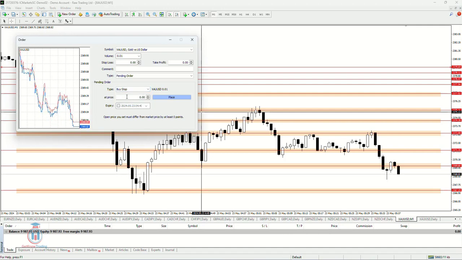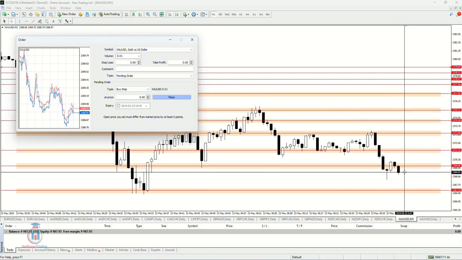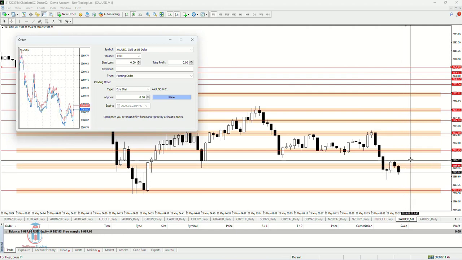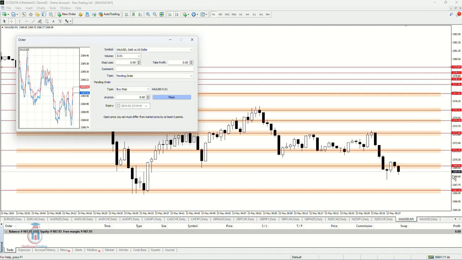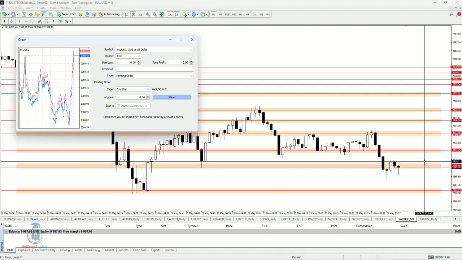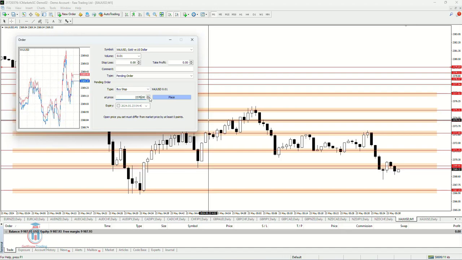When you click on it, you need to select at which price you would like to place this order. For the buy stop, the open price should be above the current market price. For example, if the current market price is 2369, let's put 2370 as the open price for this buy stop order.